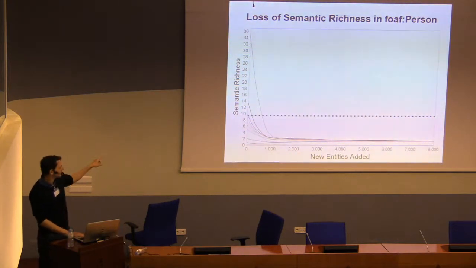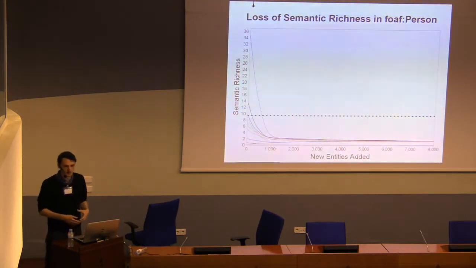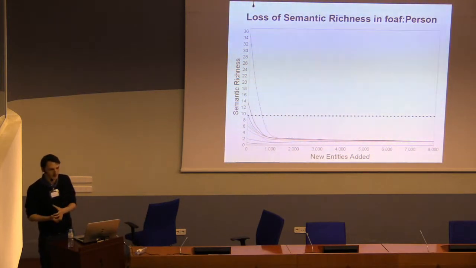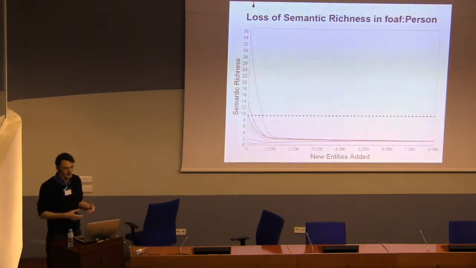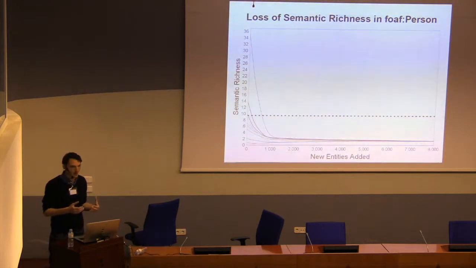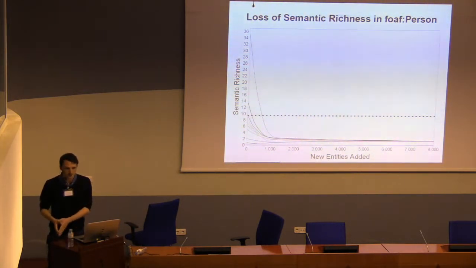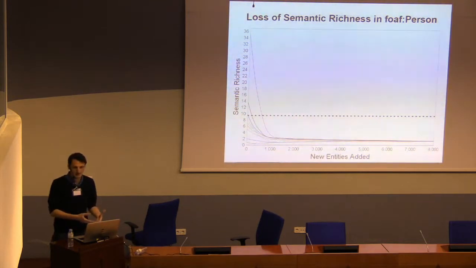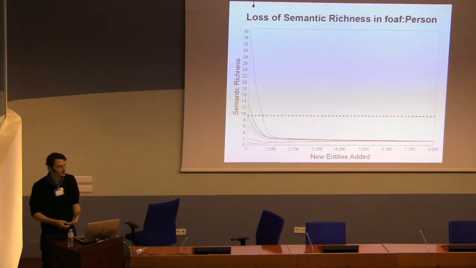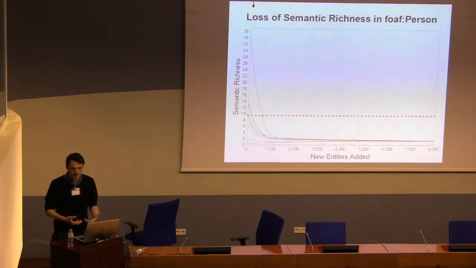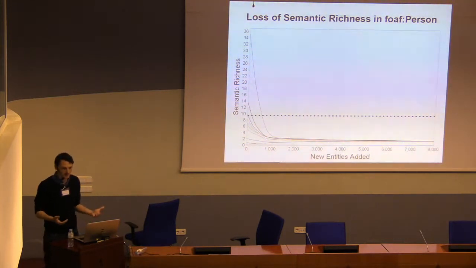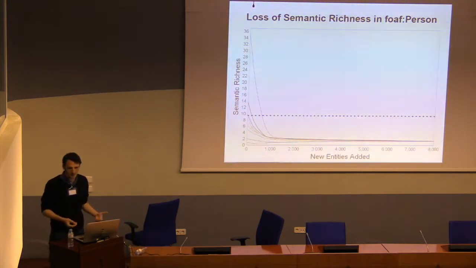And this dotted line shows the average semantic richness of all the original data sets. So if you knew which data set a certain entity of type person comes from, there are some things that you could infer about that, so the semantic richness would be higher. But if you don't know this and you put all the entities together, if you just pick a random entity and you know that it's a person, there's very little that you can know.